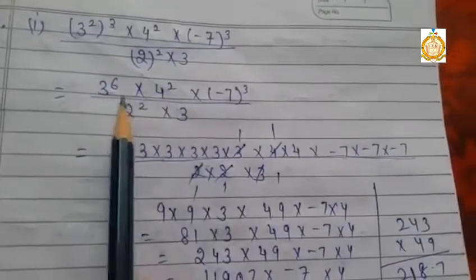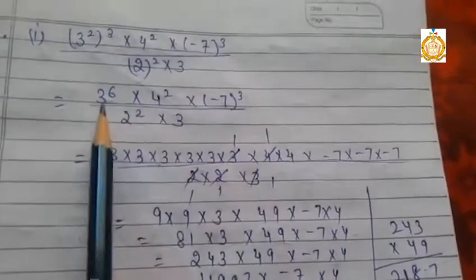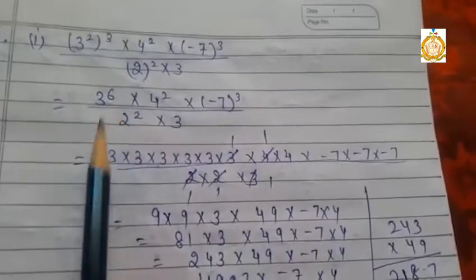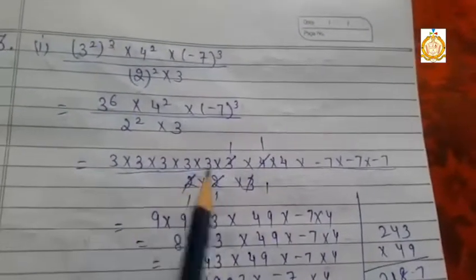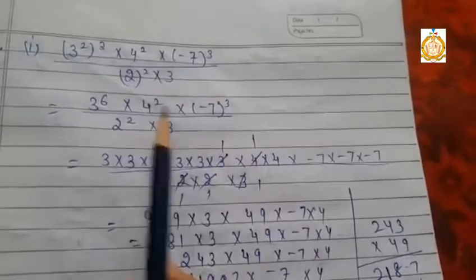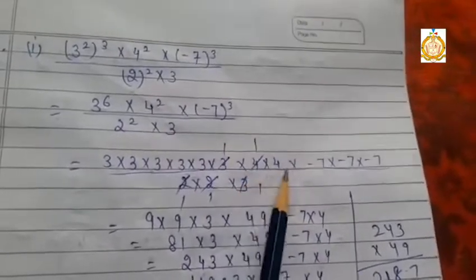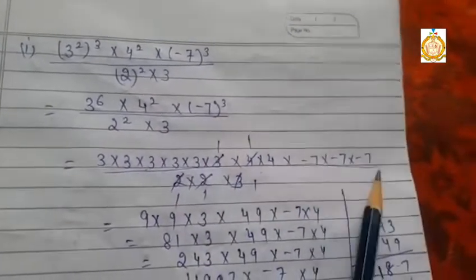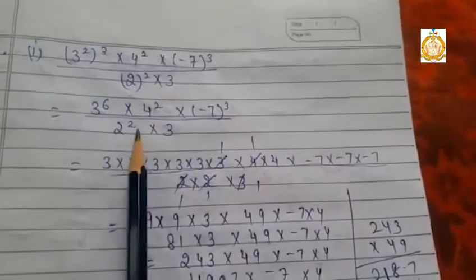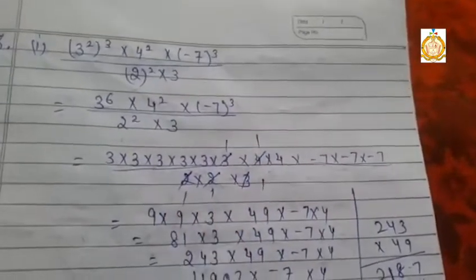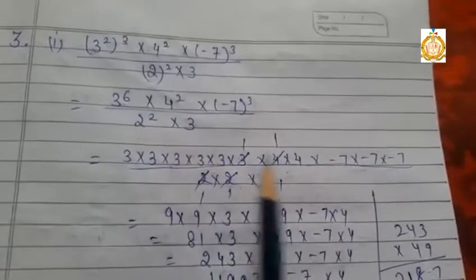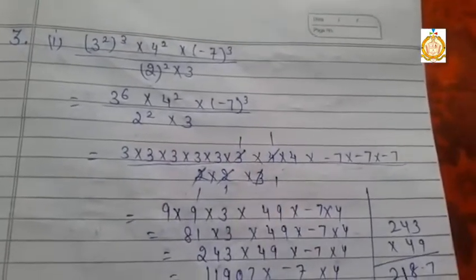Now expanding the exponential form here, 3 raised to power 6 means we have to multiply 3 to itself 6 times, and similarly 4 into 4 and minus 7 into minus 7 into minus 7 upon here 2's power 2 is 2 into 2 and into 3 is written as this one.